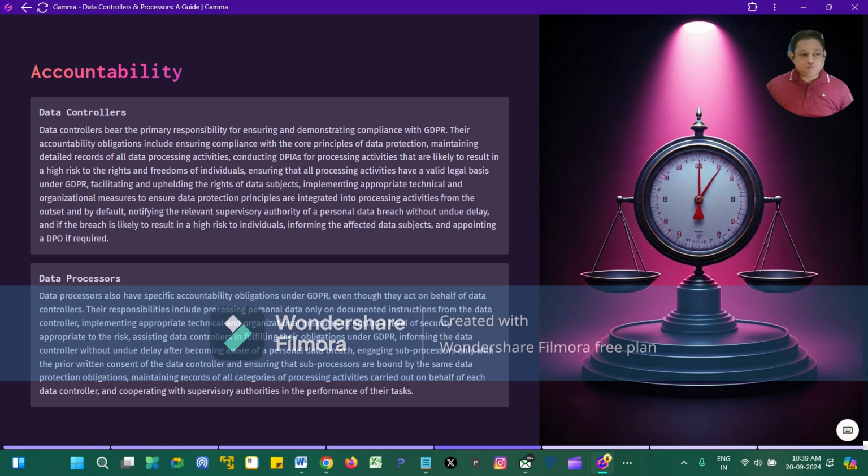Even though they act on behalf of data controllers, their responsibilities include processing personal data only on documented instructions from the data controllers, implementing appropriate technical and organizational measures to ensure a level of security appropriate to the risk, assisting data controllers in fulfilling their obligations under GDPR, informing the data controller without undue delay after becoming aware of a personal data breach, engaging sub-processors only with the prior written consent of the data controller and ensuring that sub-processors are bound by the same data protection obligations, maintaining records of all categories of processing activities carried out on behalf of each data controller, and cooperating with supervisory authorities in the performance of their tasks.